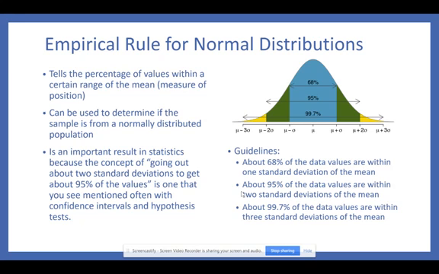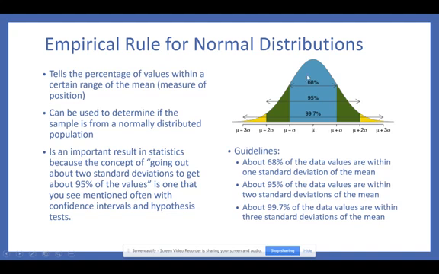The guidelines for the empirical rule are this: approximately 68% of the data values are within 1 standard deviation of the mean. So the mean is in the middle, and if I go 1 standard deviation below and 1 standard deviation above, which is this turquoise colored region here, that's about 68%.